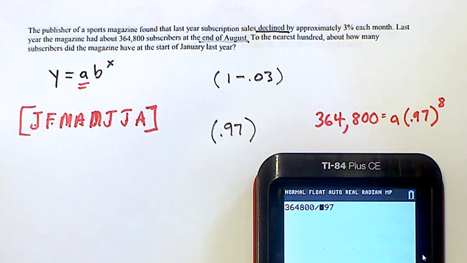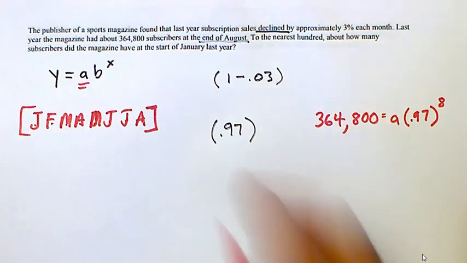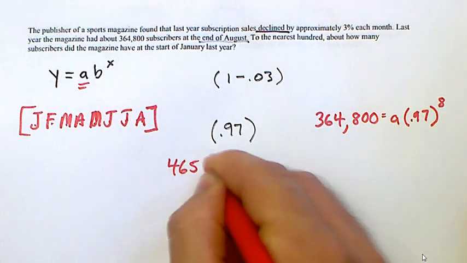Generally, I like to put this in parentheses, even though I may not need to. It's something I like to do, it just keeps things organized. And then it's about 465,000.